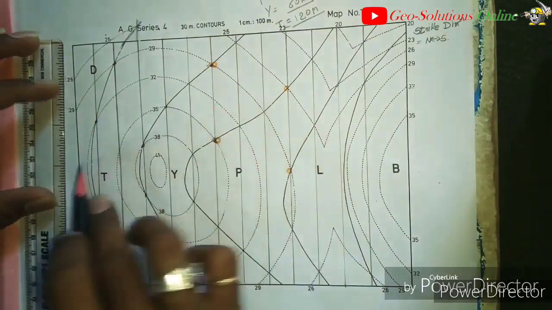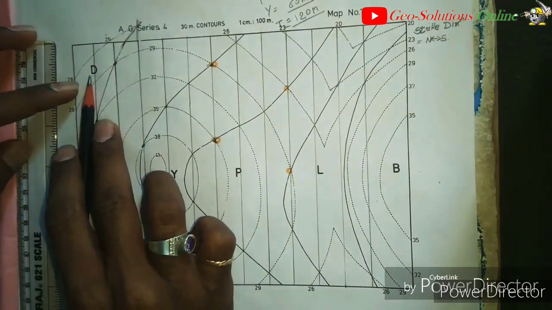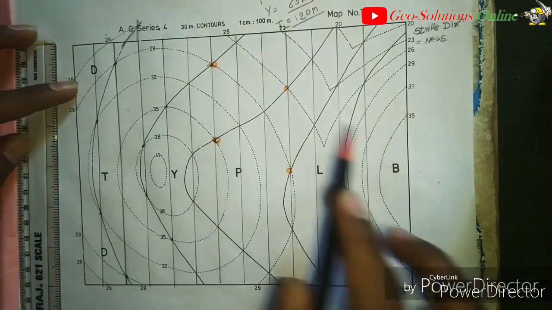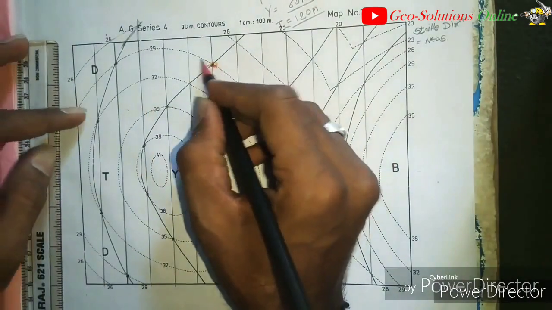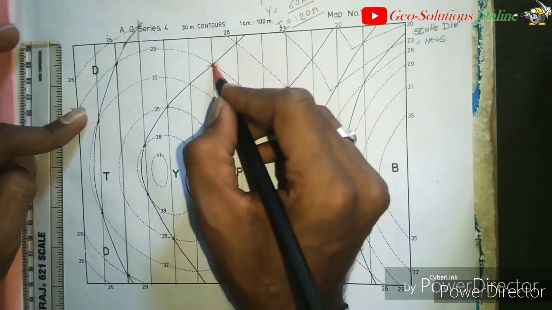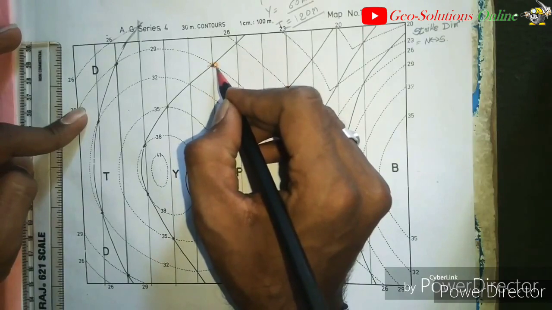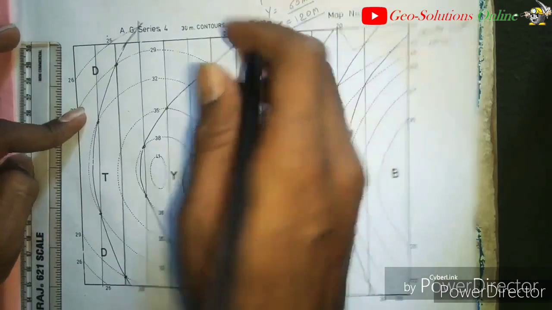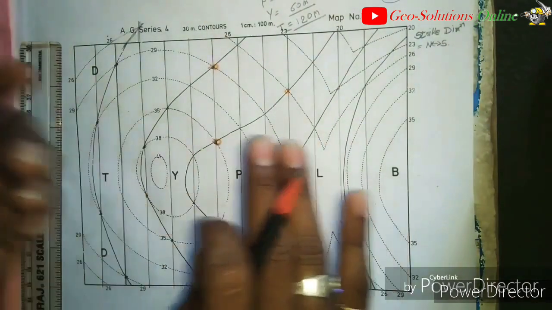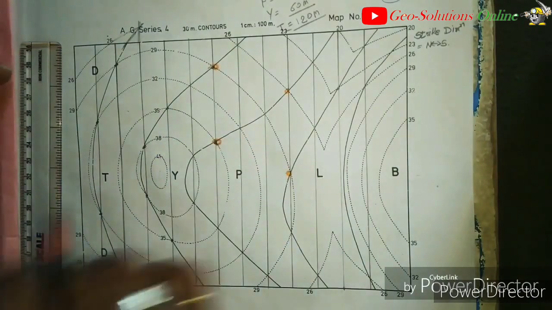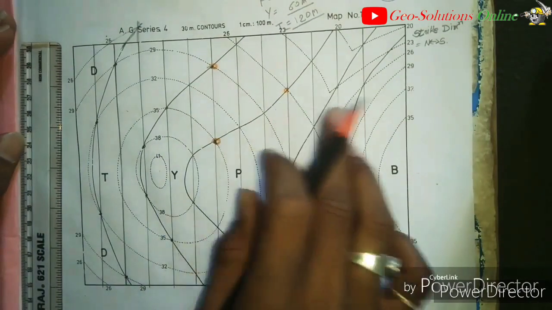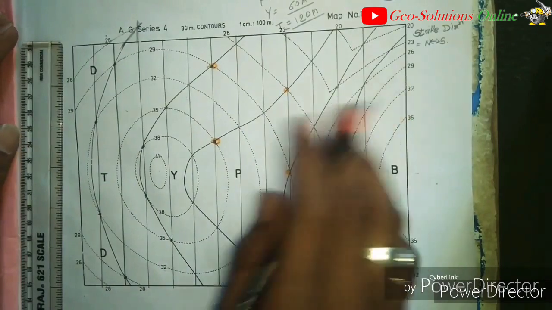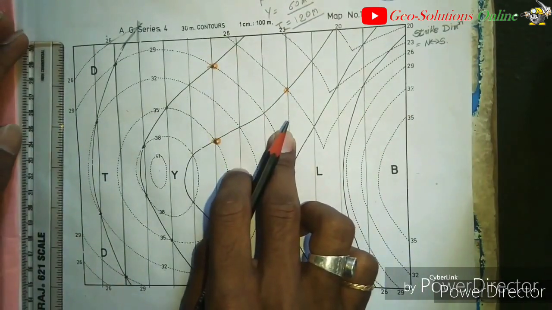So we have the beds D, T, Y, P, L, B. If these contour lines and these junction points are intersecting with each other, then it means these beds are not horizontal, these beds are inclined in nature. So in which direction the inclination is, we have to identify.